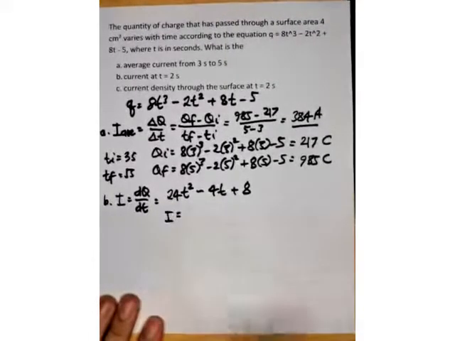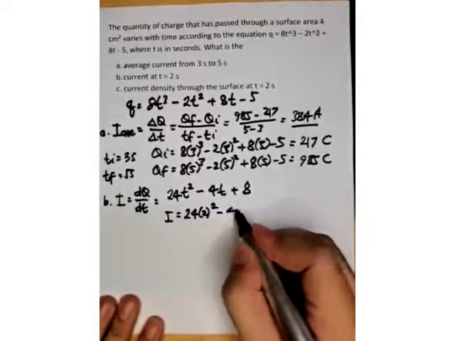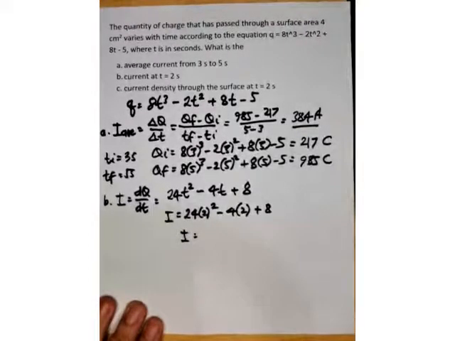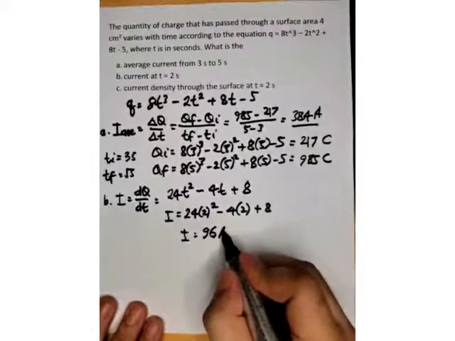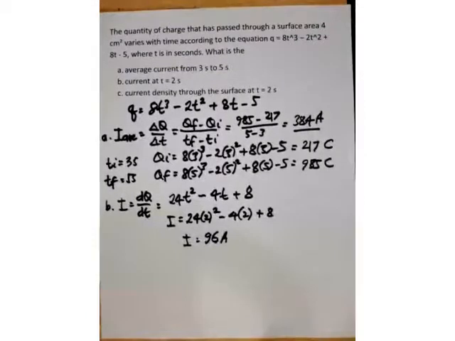So current at 2 seconds is 24 times 2 squared minus 4 times 2 plus 8. So the current is 96 amperes. Okay?